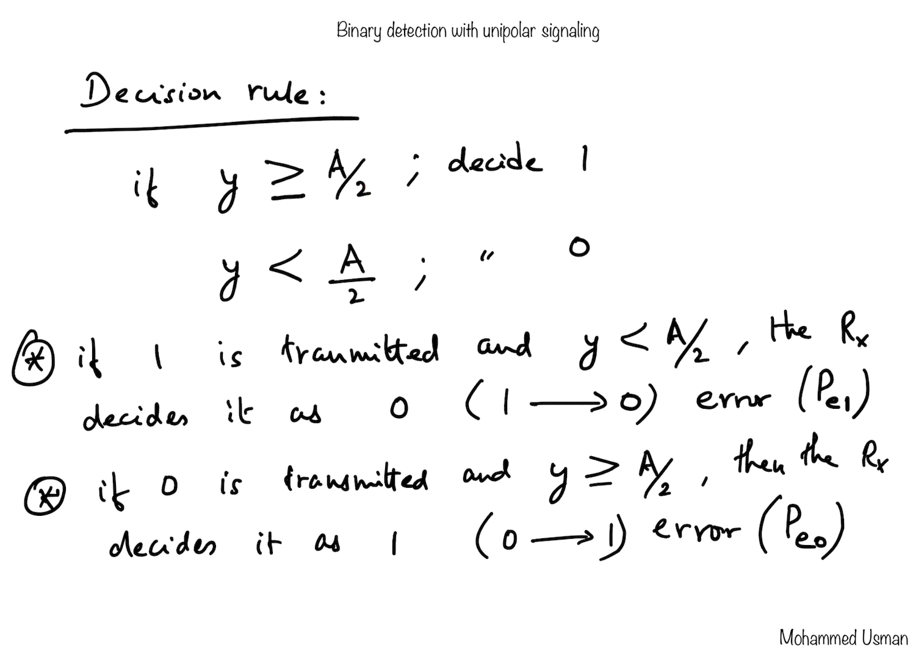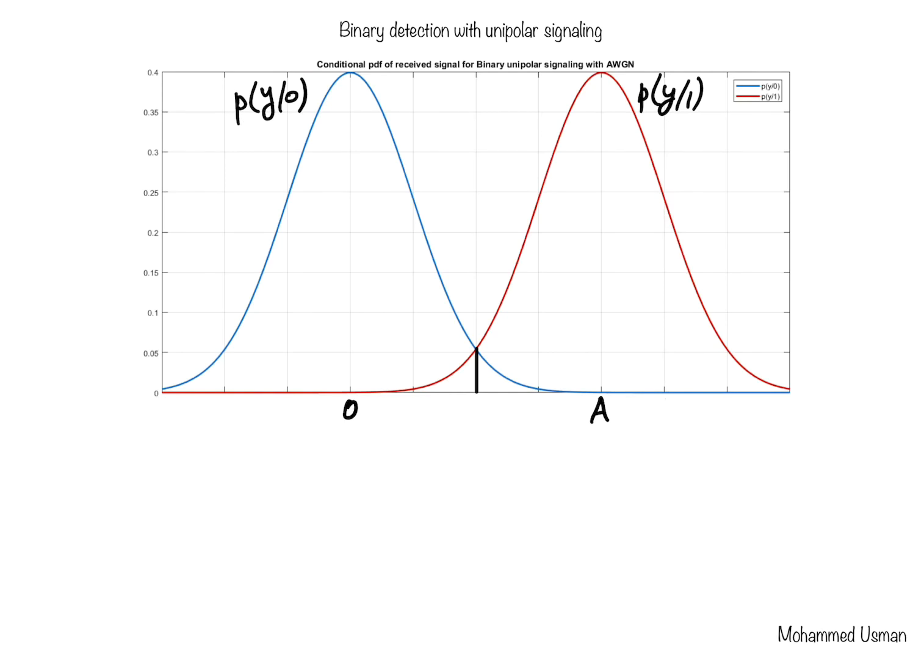If it is less than the threshold, the receiver will decide the received bit as 0. So our threshold is a by 2. Any received value which is greater than a by 2 will be decided as 1, and anything that is below this threshold will be decided as 0.